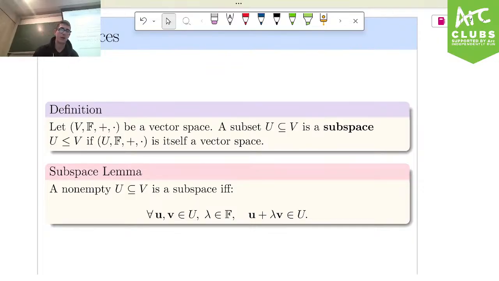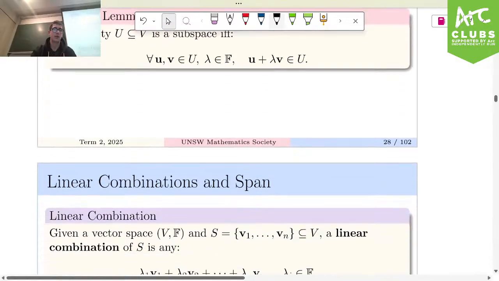As I spoke about before, we have a very efficient way to determine whether or not we have a subspace: if u and v are elements of our subset and lambda is an element of our field, then we need u plus lambda v to be in our subset as well. That makes sure that we have closure under scalar multiplication, addition, and existence of negatives and so forth, which satisfies everything we actually need. It's quite nice how that works out.